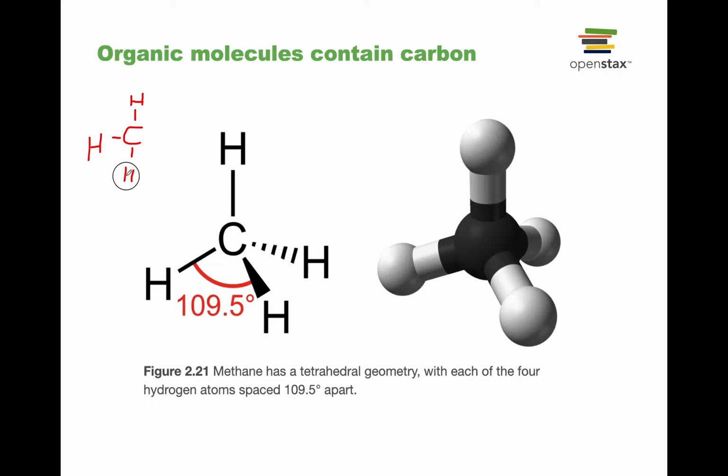But the reality is, this is a molecule of methane. When we look at this molecule, we'll see that actually these bonds are in a different space when you look at it in 3-dimensional space.